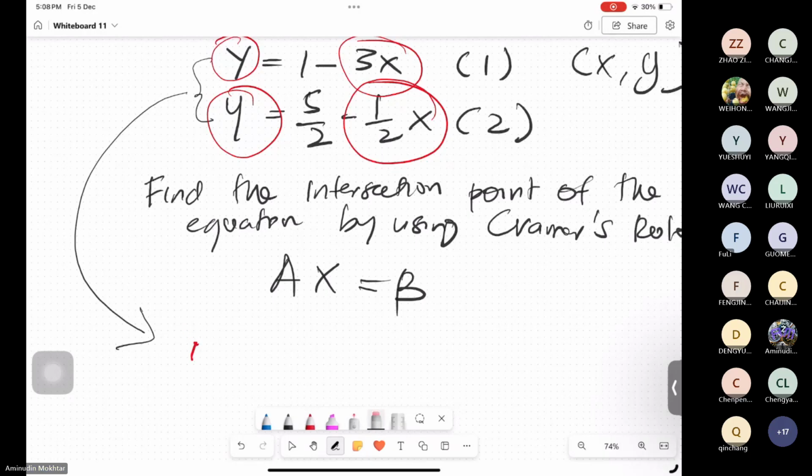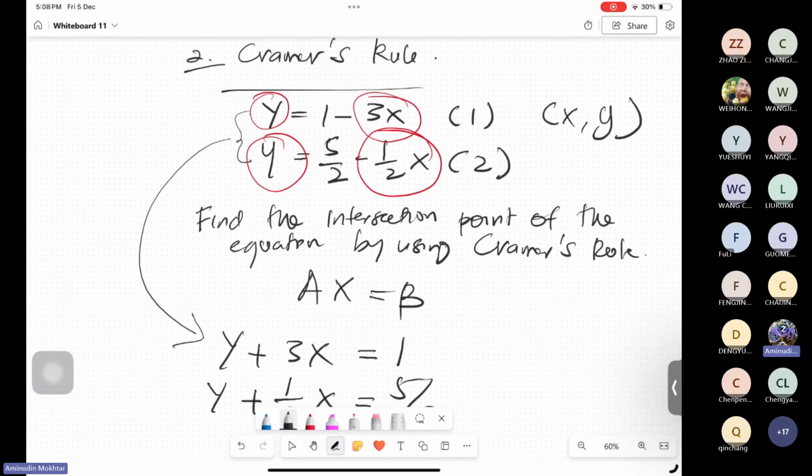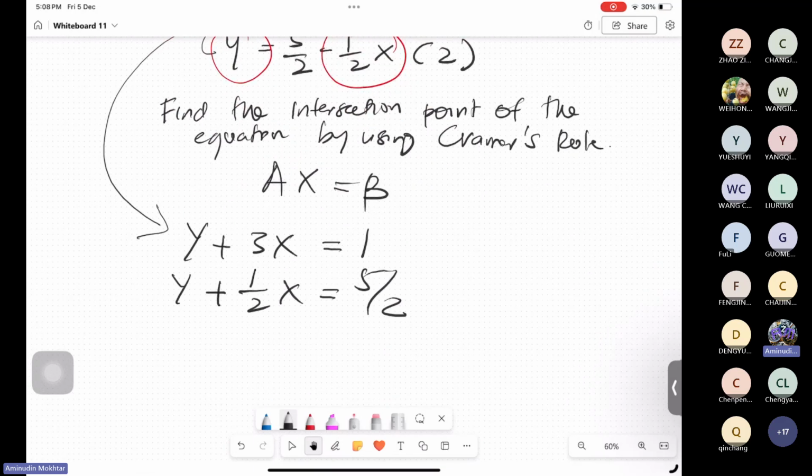So the first equation is y plus 3x equal 1, and the second one, y plus 1 over 2 times x equal to 5 over 2.